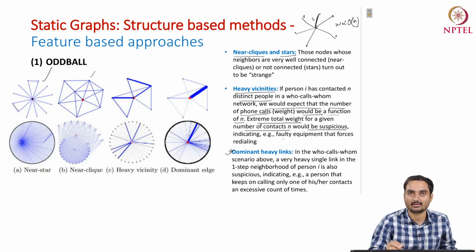Now we are looking at individual weights of edges, and if you see that one edge has a lot of weight compared to the other edges, then there is some problem.